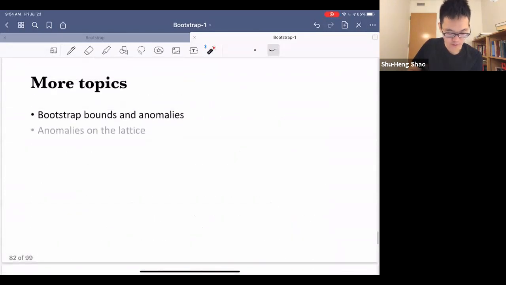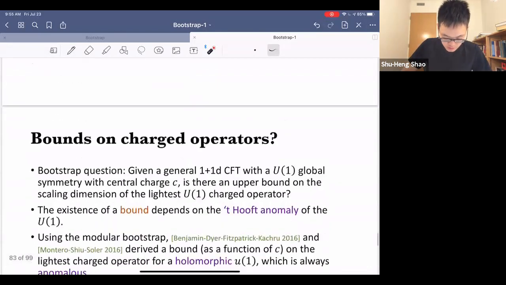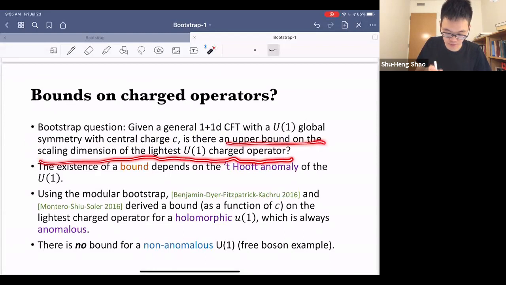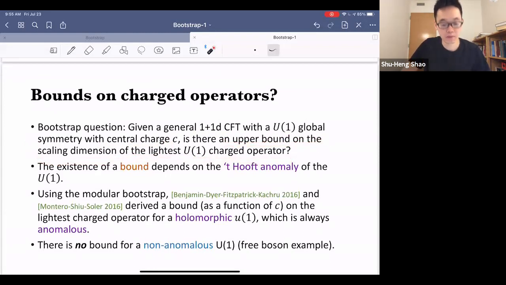We talk a lot about anomalies in these 3 lectures, and there's a natural question in the context of Bootstrap that we can ask. Given a general, say 1+1D CFT with a U(1) global symmetry, and let's say the CFT has central charge c, is there an upper bound on the scaling dimension of the lightest U(1) charged operator?